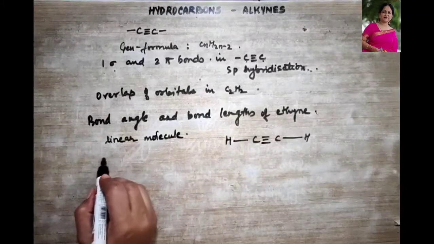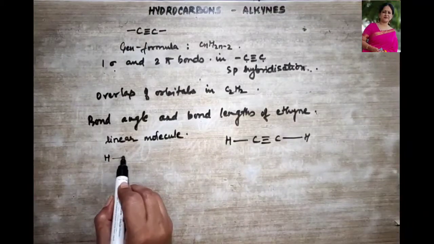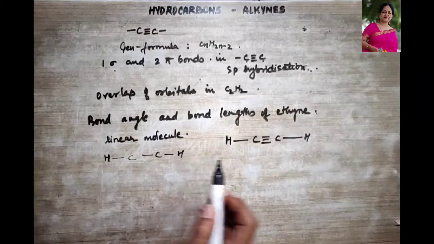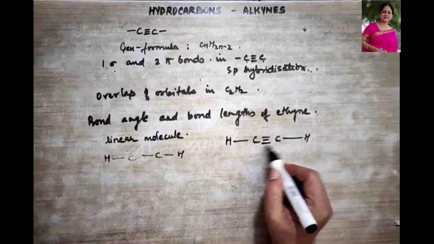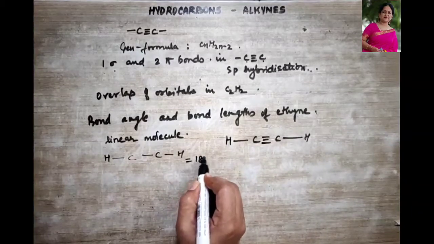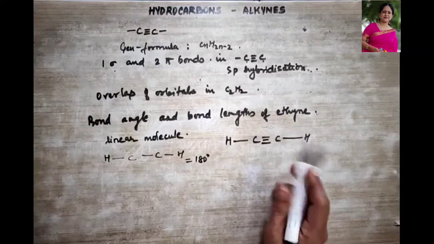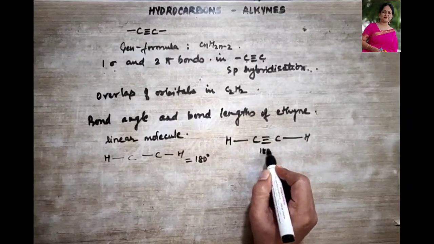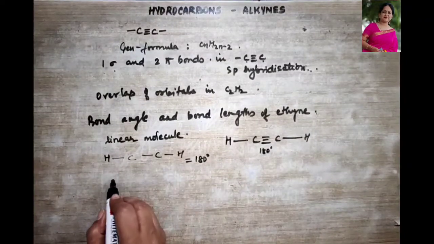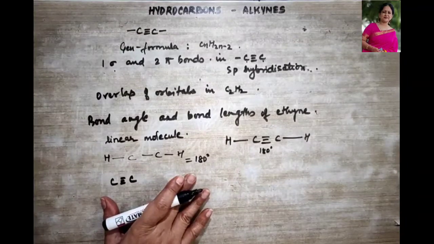Now look at the bond angle between H, C, C and H. That is this angle over here. This is a straight line which is equal to 180 degrees. This is a straight line, no? This is your 180 degrees. So I'll write over here 180 degree. Then another point that you check, carbon triple bond carbon bond length, right?